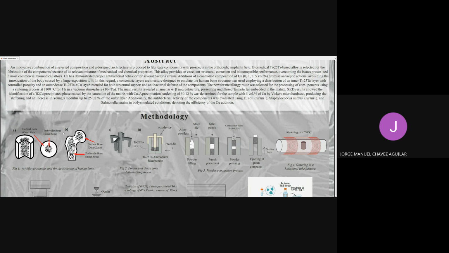We fabricate these components using the conventional powder metallurgy technique. For this, a plastic device was designed to allow placing the powders of each layer inside of a steel die to compact the powders.